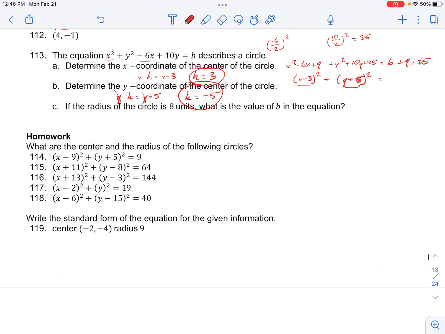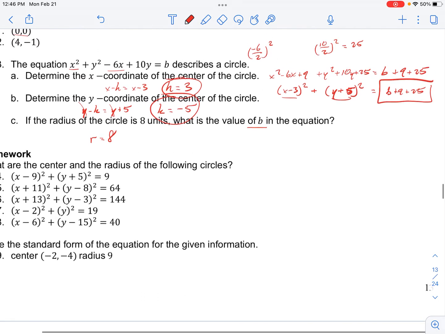And part C, if the radius of the circle is 8 units, so the radius is equal to 8, what is the value of b in the equation? So this whole side of the equation, so this b plus 9 plus 25 is equal to our r squared.